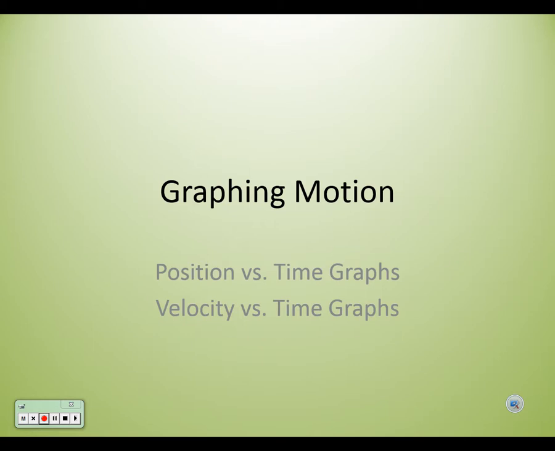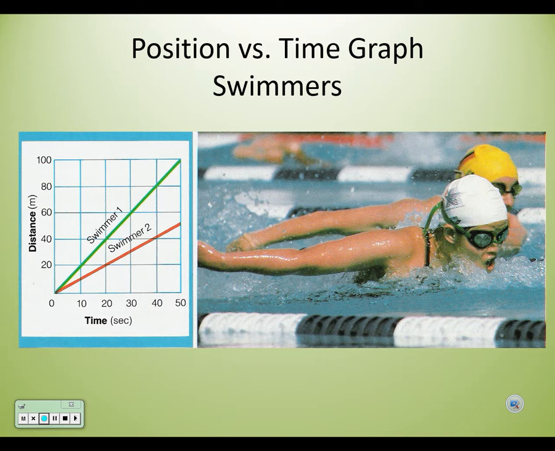So we talked about where an object is and what it's doing. Put those 2 things together, and we summarize them in a graphical form. Here is a picture of 2 swimmers and a graph that goes along with them to measure their motion. Up at the top it says these are position versus time graphs.